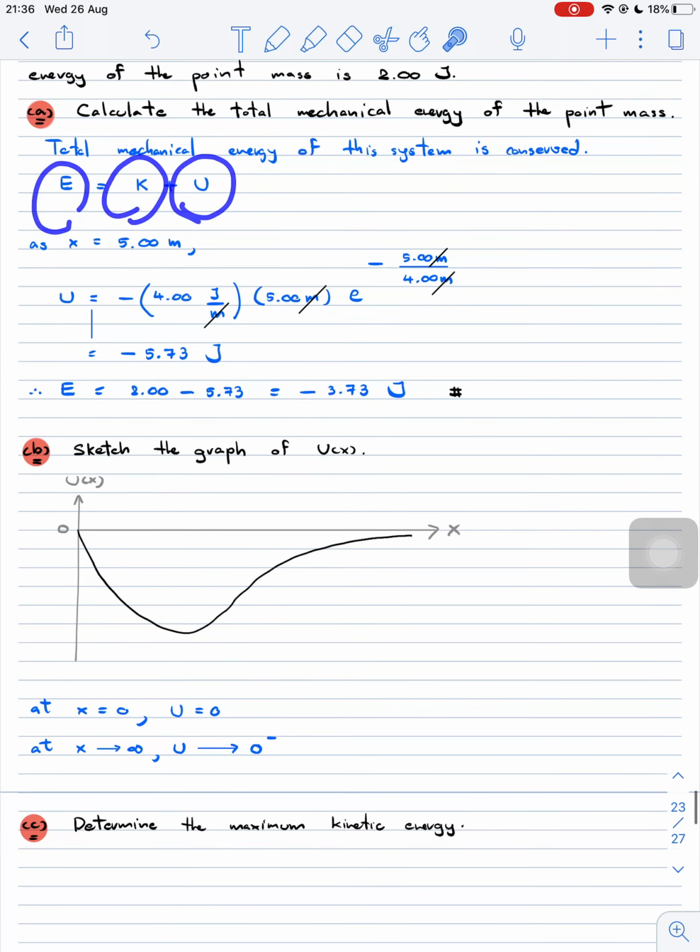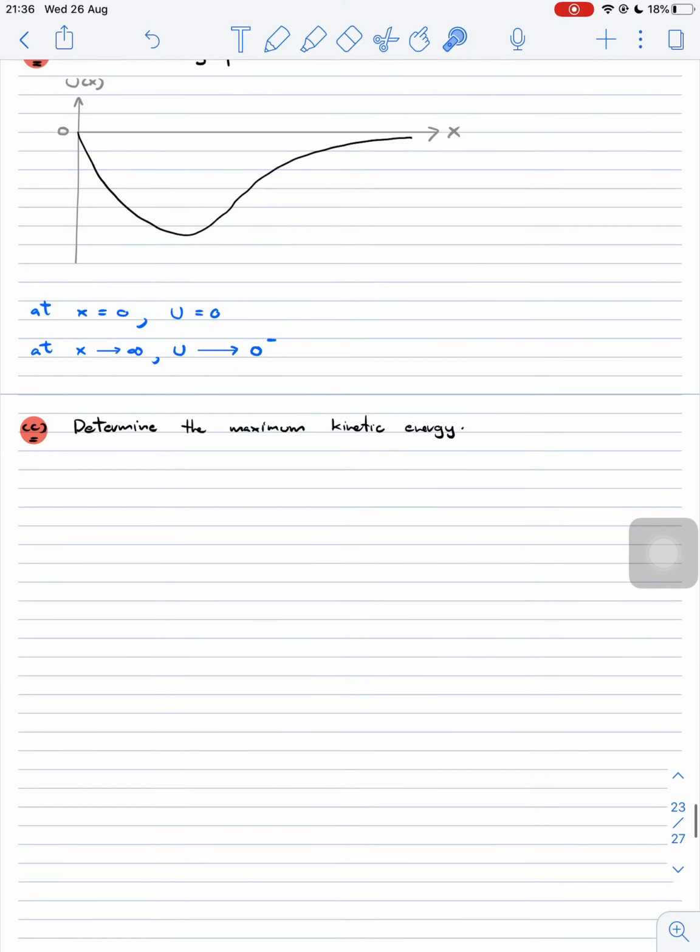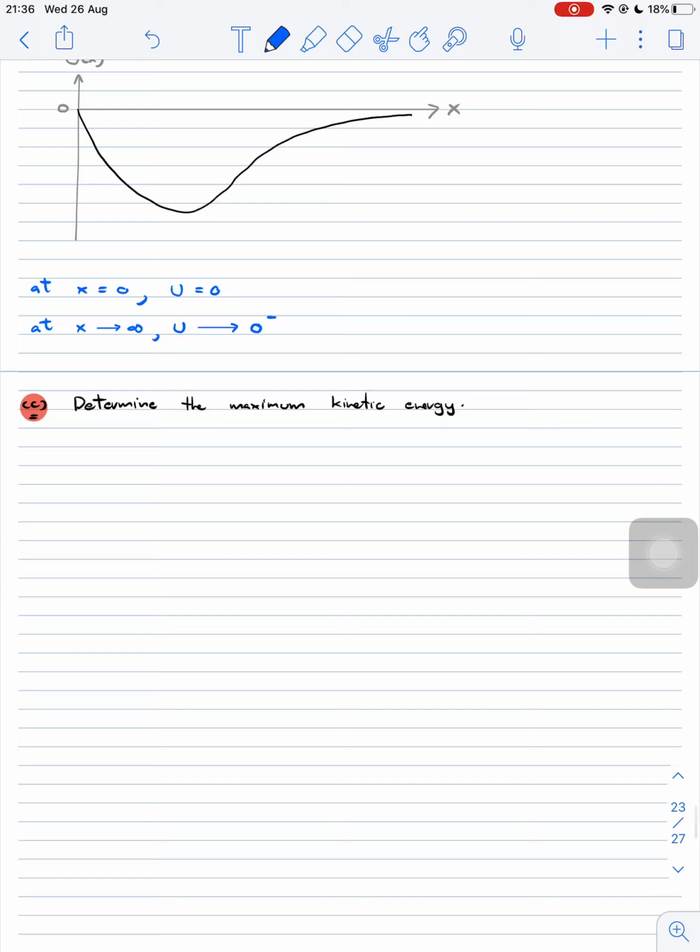If you want to get the maximum kinetic energy, it means that the potential energy must be minimum. So we need to find the minimum potential energy.